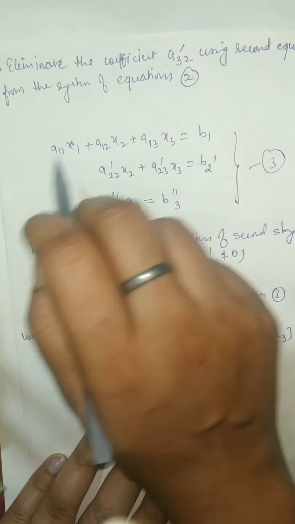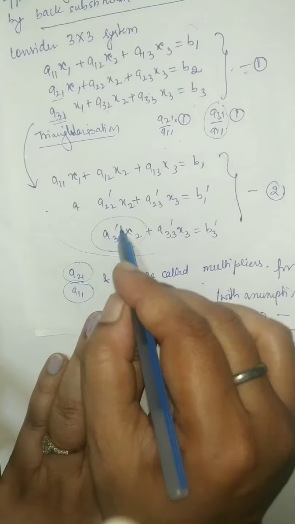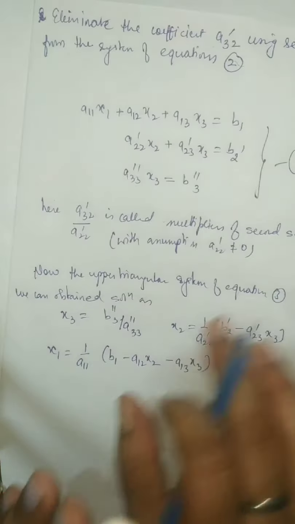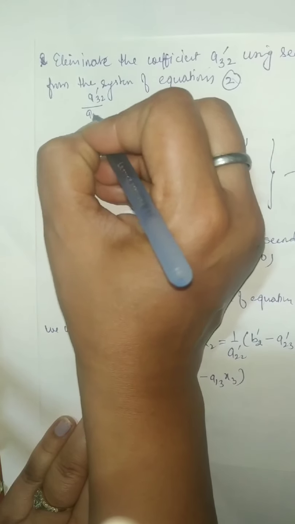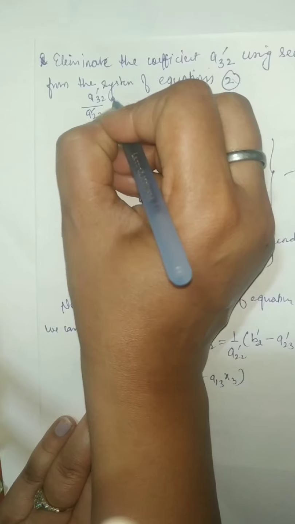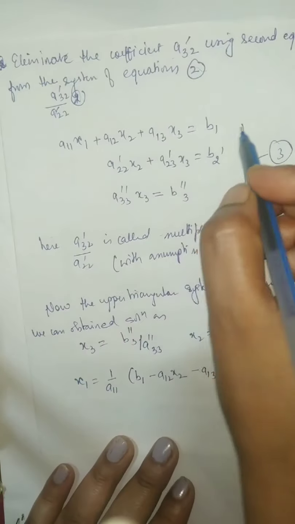For this, subtract from the third equation a32 dash over a22 dash times the second equation, so that the system of equations 2 is transformed to the following.